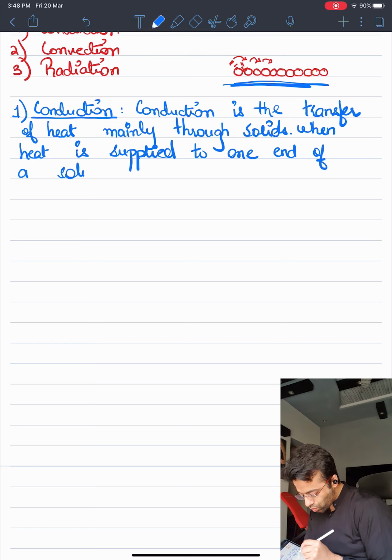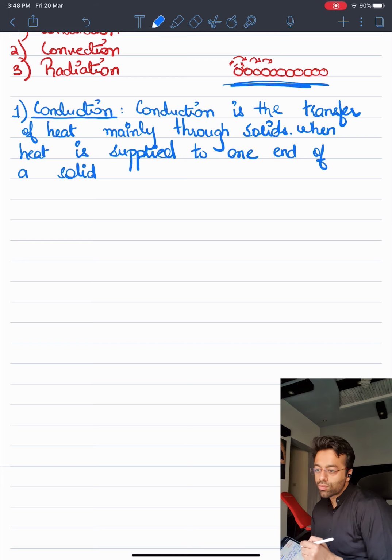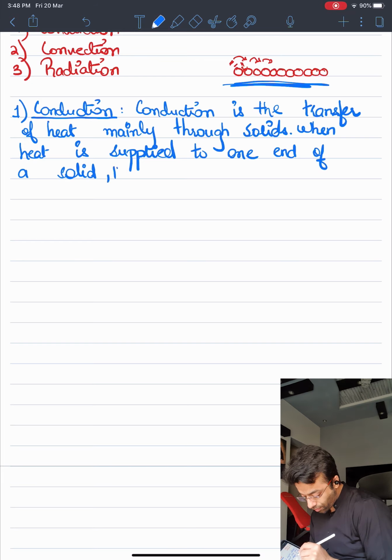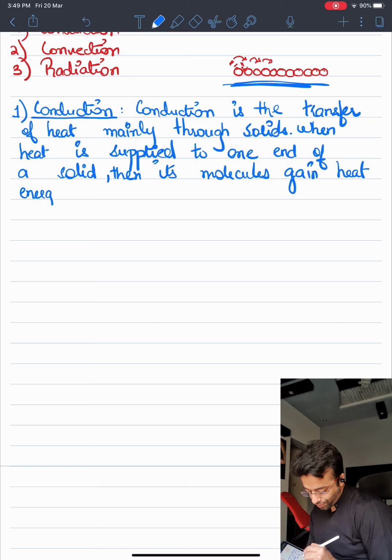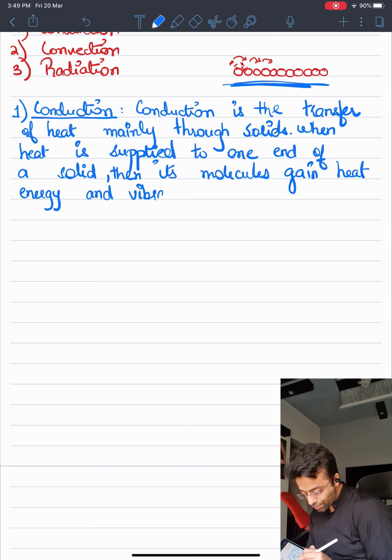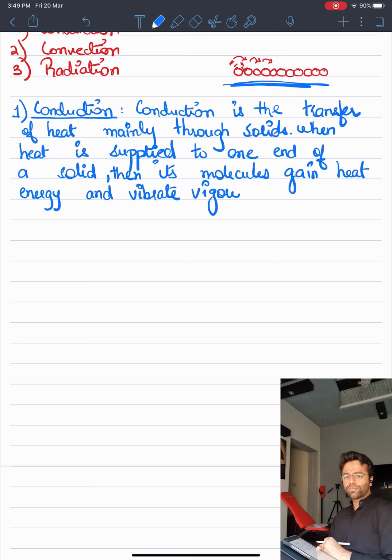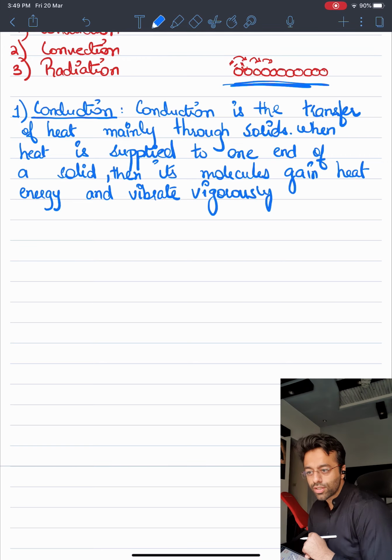When heat is applied to one end of a solid, then its molecules gain heat energy and they start to vibrate vigorously. Vigorously means with a lot of energy, with a lot of kinetic energy.